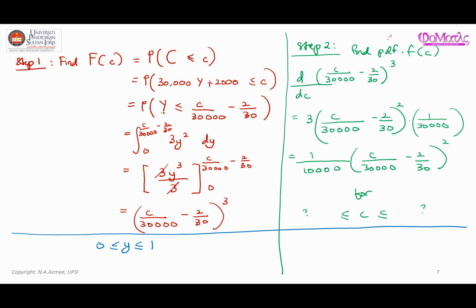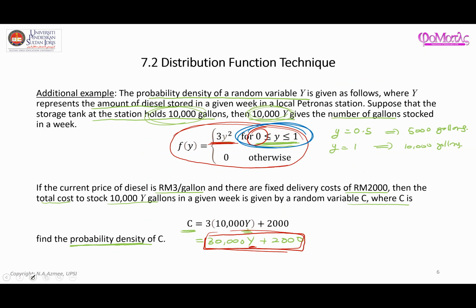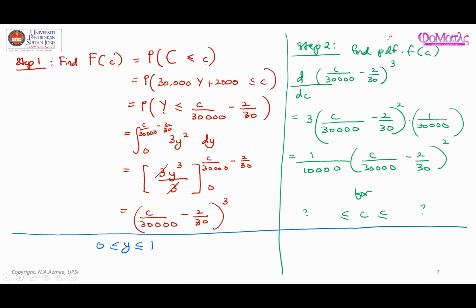And what is y? We have shown you that y is related to C in this manner. So we need to know what is y in terms of C. Well, y is this one here. So we have shown that y is actually equal to C over 30,000 minus 2 over 30. This is the value of y. How do we know that?